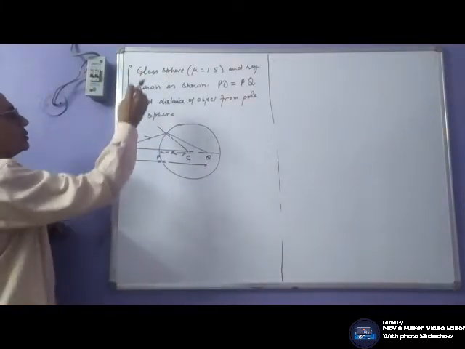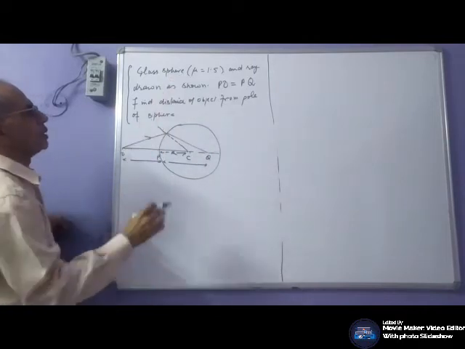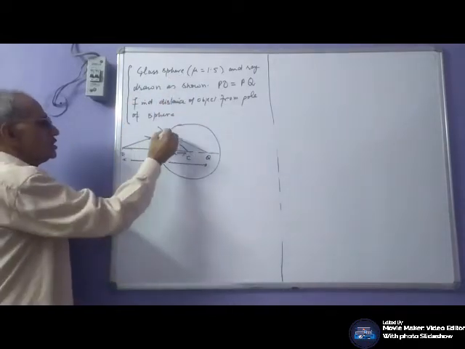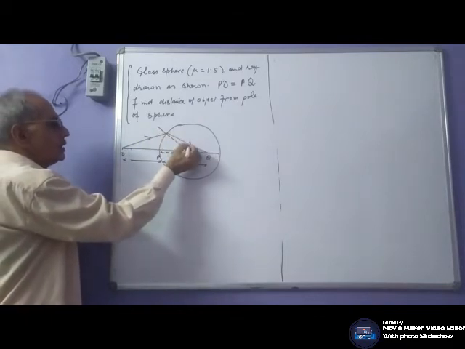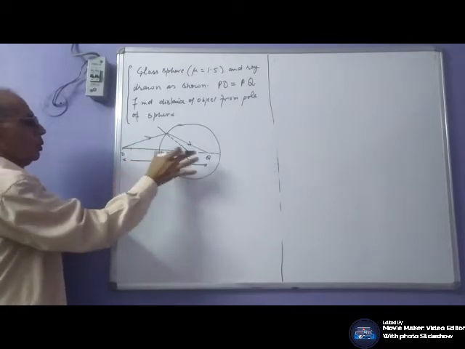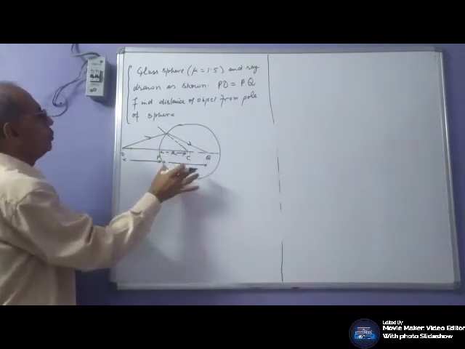This is a question: a glass sphere, mu is this, and a ray drawn as shown. This is the incident ray, this is the reflected ray as shown. And PO is equal to PQ.